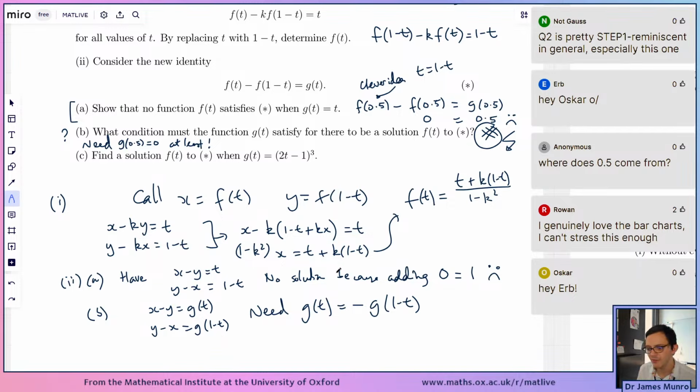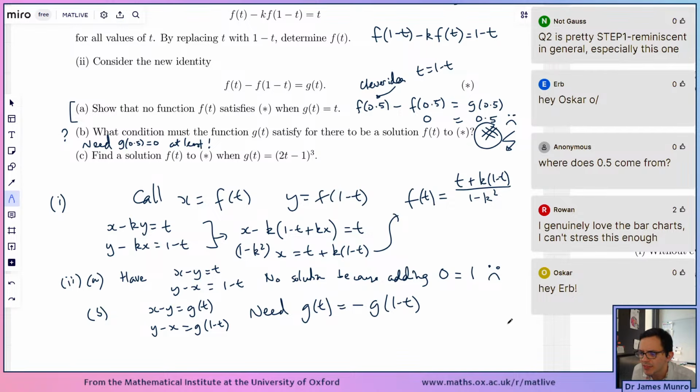Okay, I've convinced myself that I need g of t to be minus g of 1 minus t, which includes this 0.5 thing, because plugging in 0.5 would give me that g of 0.5 is negative g of 0.5. The only number that's equal to negative itself is 0. Is that enough?